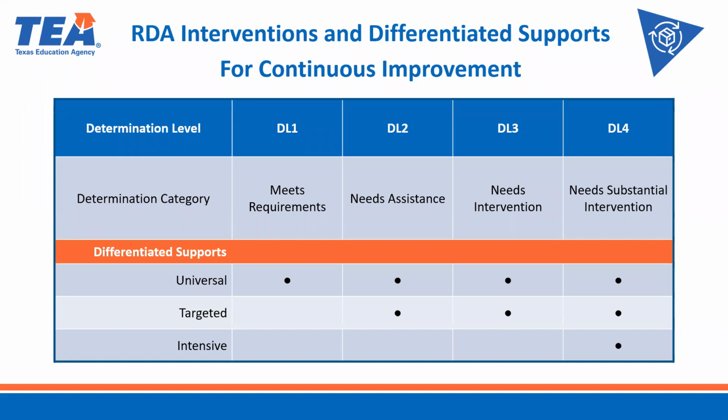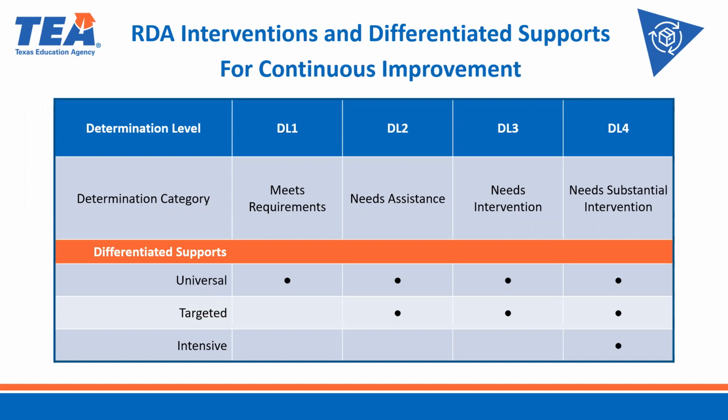Differentiated supports are provided for all LEAs based on needs identified through compliance and student outcomes data. Additional support activities may be recommended based on the results of monitoring activities, such as a desk review or an on-site review.